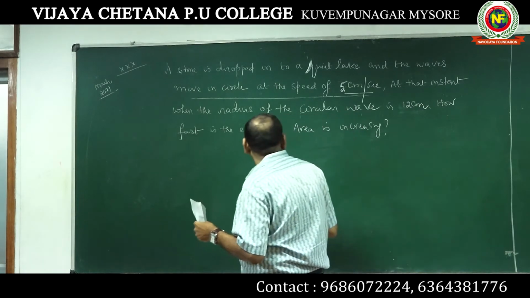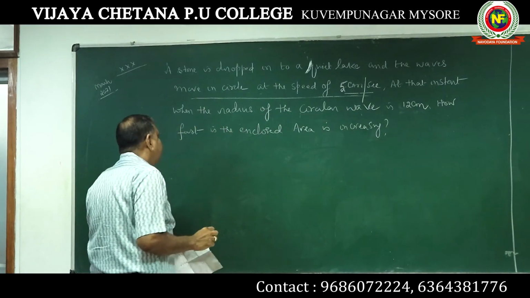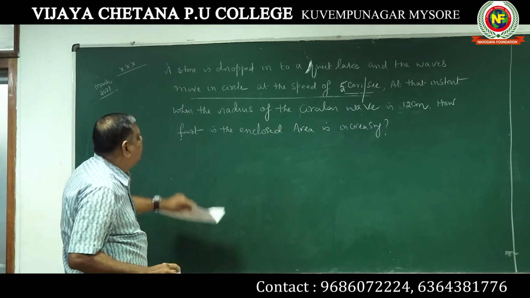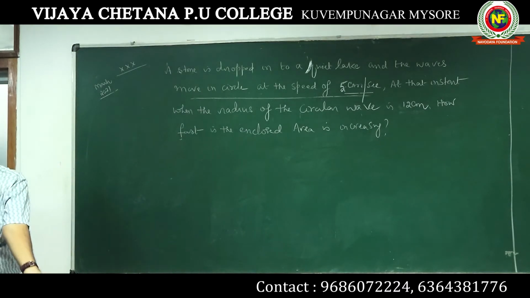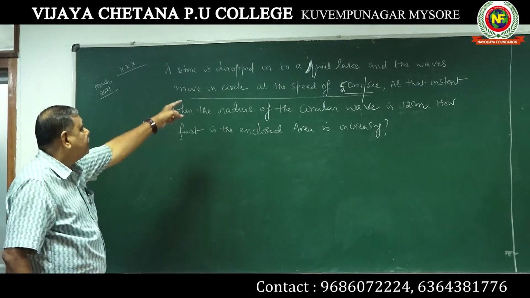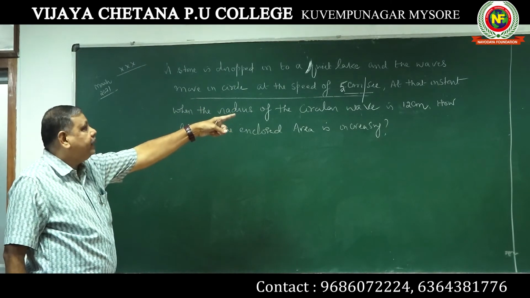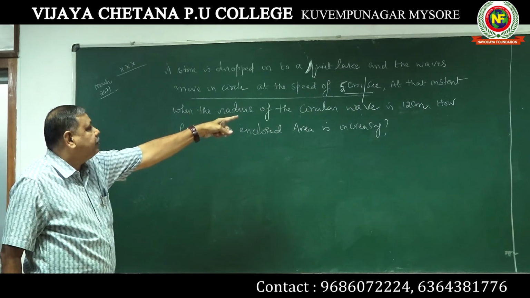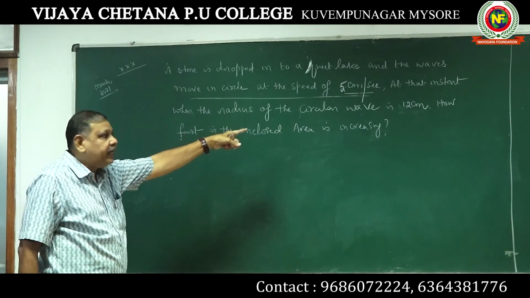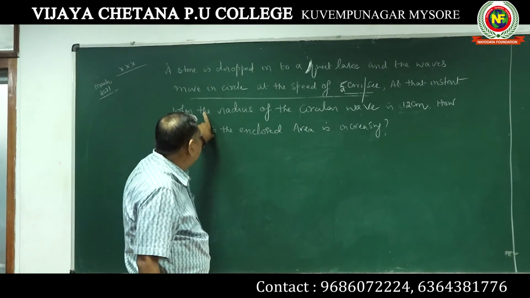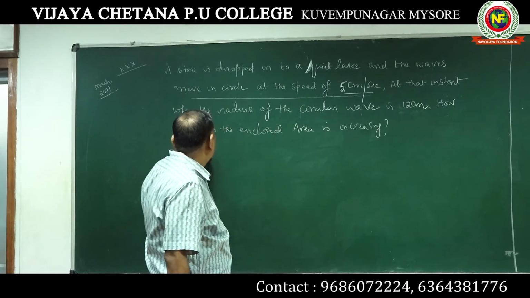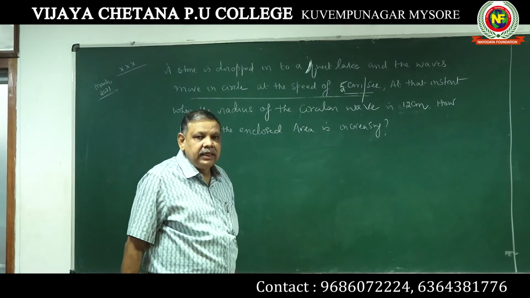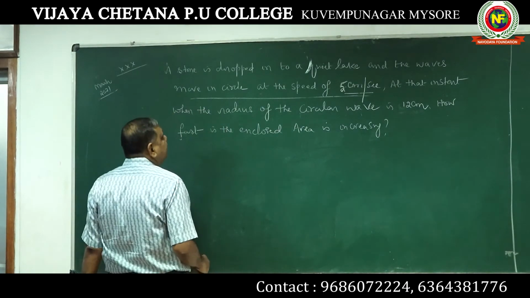When the radius of the circular wave is 12 centimeter, how fast is the enclosed area increasing? So take down the problem correctly. A stone is dropped into a quiet lake and the waves move in a circle at the speed of 5 centimeter per second. At that instant, when the radius of the circular wave is 12 centimeter, how fast is the enclosed area increasing? Very easy problem.